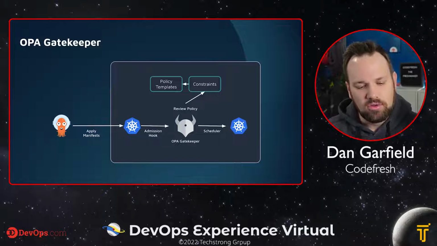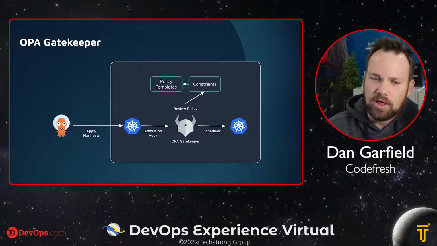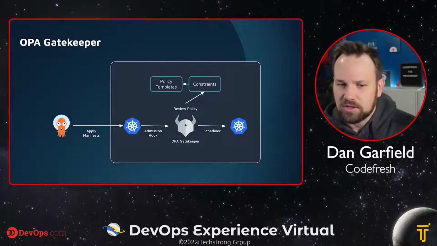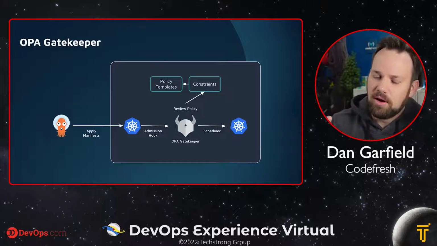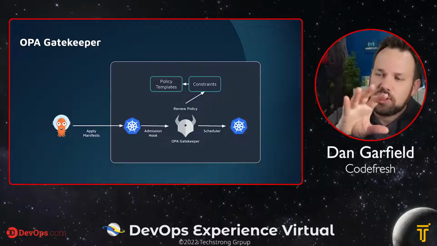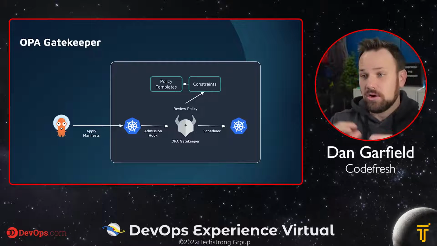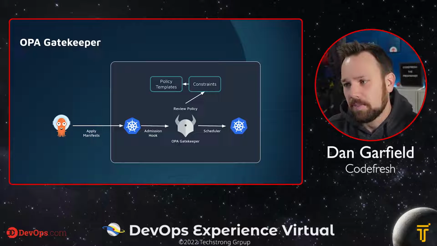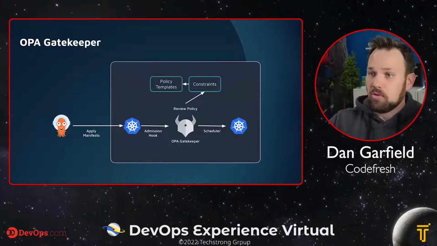And what we're going to do is when we make a change, Argo CD is going to apply those manifests to the Kubernetes cluster. That's going to trigger an admission webhook for OPA Gatekeeper to review policy and apply constraints. So there are two components to OPA Gatekeeper. There are policy templates. These are things like, I want to check namespaces for some criteria.